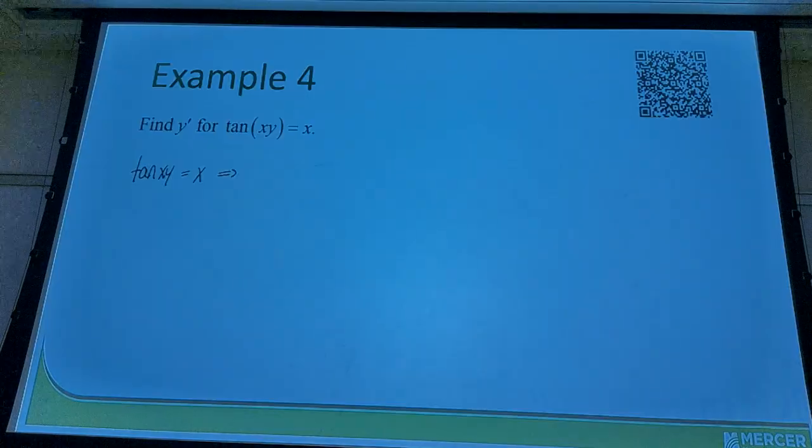Tangent u: u prime secant squared of u. Oh, it's x times y again. And the derivative of x.